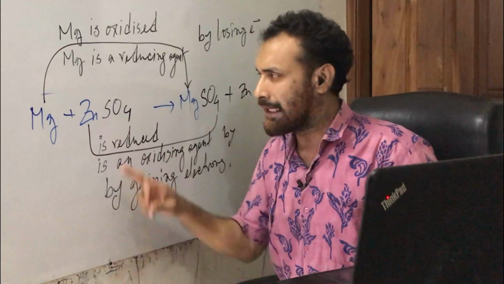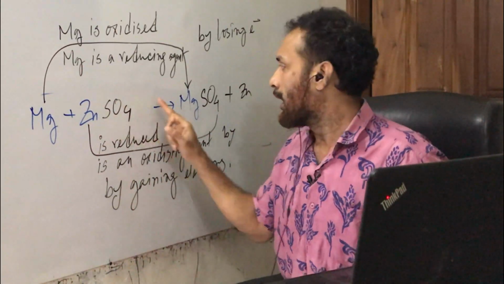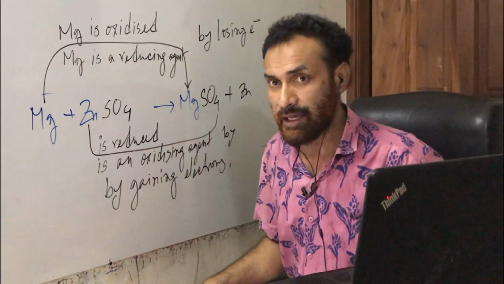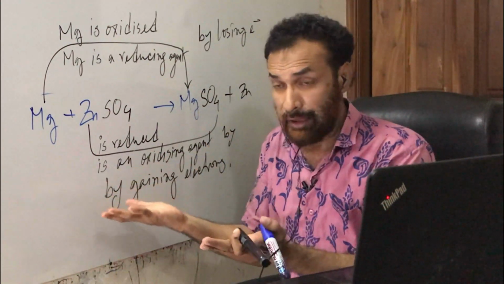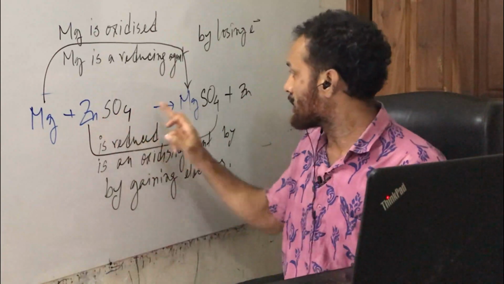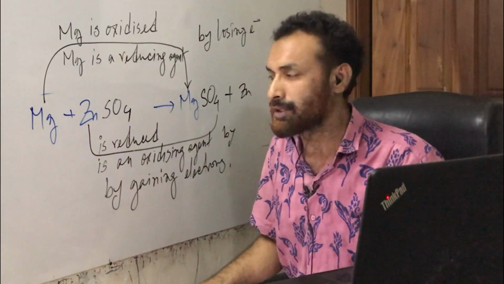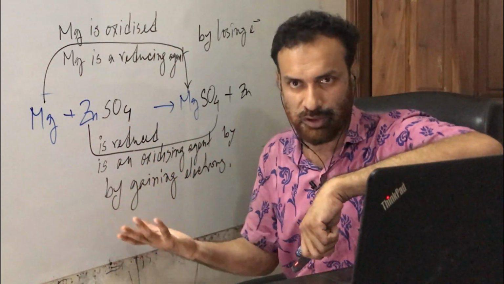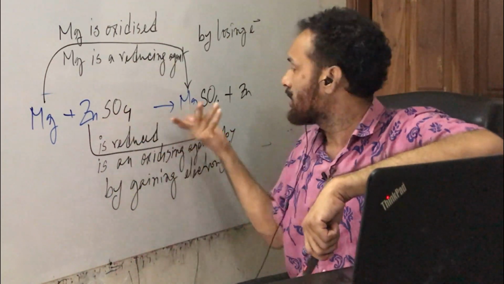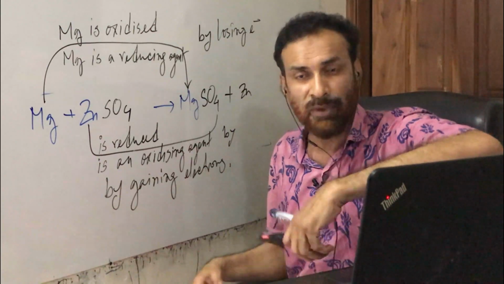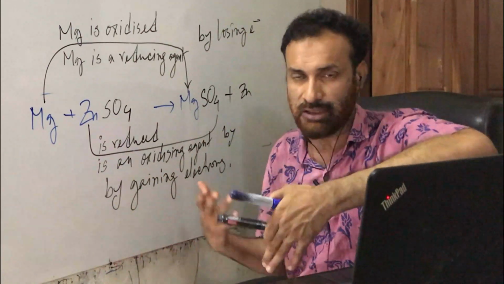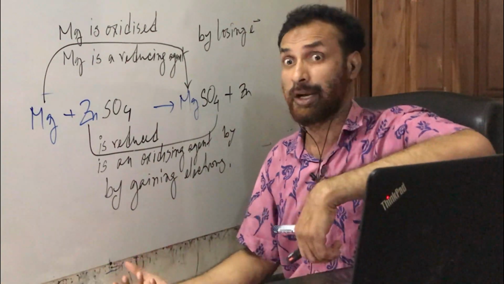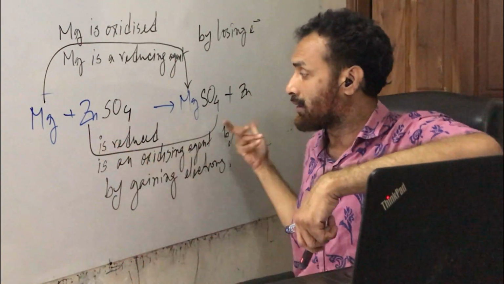Zinc sulfate means zinc ion and sulfate ion, and magnesium sulfate means magnesium ion and sulfate ion. You get them again with the same charges, zinc 2 plus and magnesium 2 plus. And what happens to sulfate? Nothing happens to sulfate, because sulfate is 2 minus here and 2 minus here. The sulfate doesn't get any change in its charge, so sulfate is not oxidized, not reduced. This we call a spectator ion. Only you will explain this.